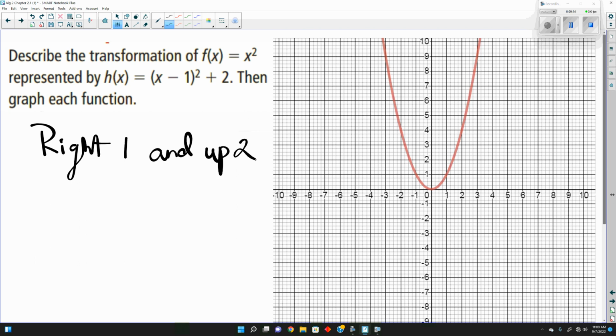And up 2, because since it has the plus 2, it's moving it up 2. Questions on this here? Because inside the parentheses moves us left or right, when we're adding or subtracting from x. Outside the parentheses, what's added or subtracted is moving up or down. Any other questions on these here?